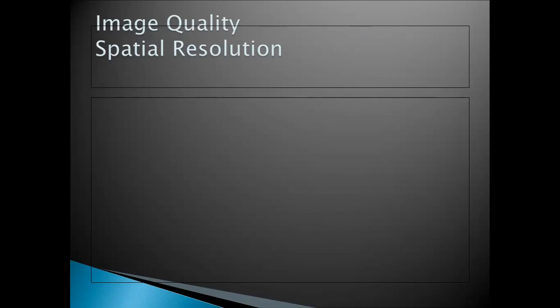Spatial resolution has to do with the ability to detect two closely situated structures. If the machine can depict them as two distinct structures, then that machine has very good spatial resolution. If not, it doesn't. So the ability to depict that constitutes the spatial resolution of the machine.